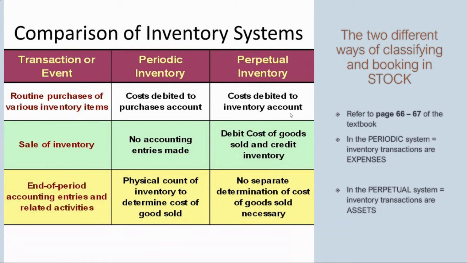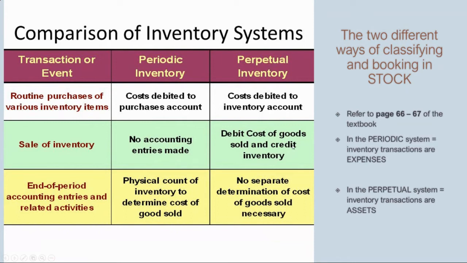Now, when we sell the inventory, for the periodic system, no accounting entries are made to the stock itself. You do make an entry for the sale, but the stock is not influenced at all. Whereas under the perpetual inventory system, we debit the cost of goods sold and credit the inventory.